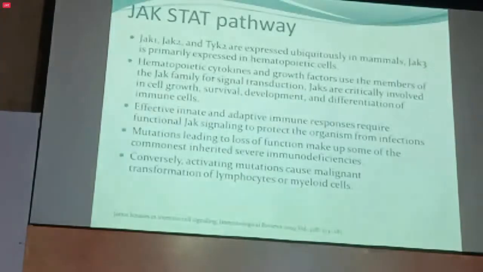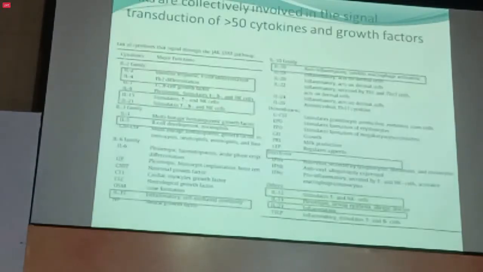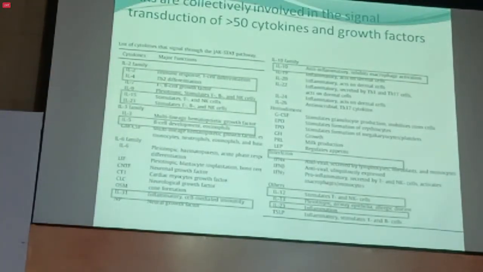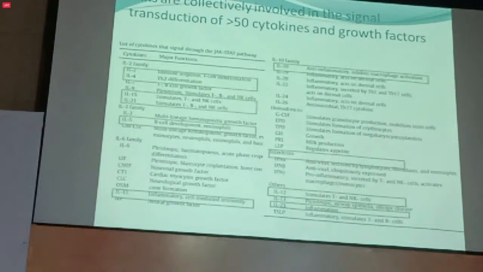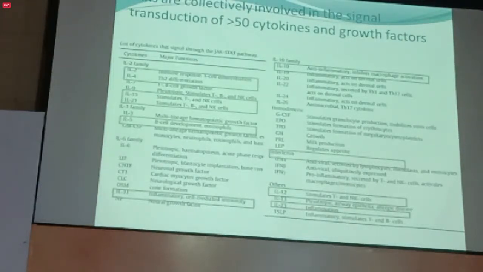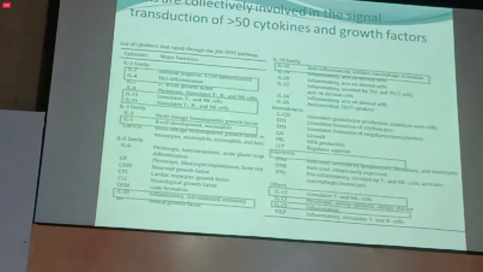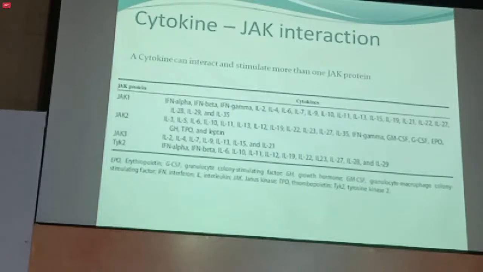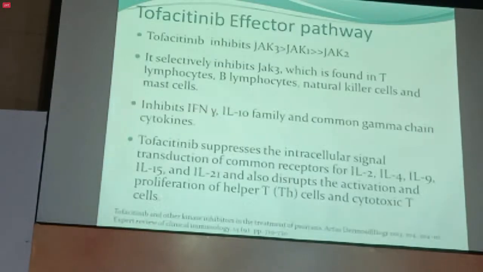So I will not go into the detail about this. There are more than 40 cytokines and growth factors which are collectively involved in signal transduction and which can be inhibited by the JAK inhibitors. So JAK1, JAK2, JAK3 and tyrosine kinase 2 inhibit various cytokines as detailed in this particular slide.